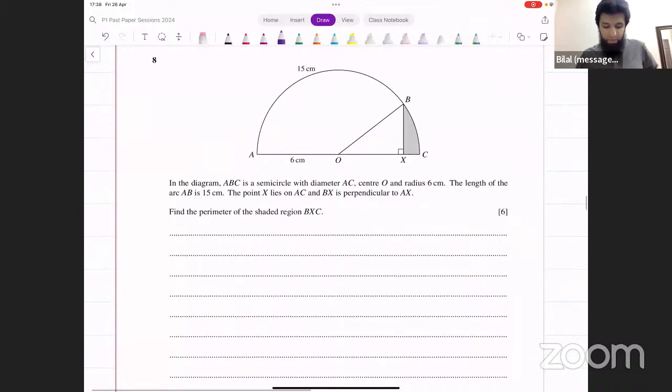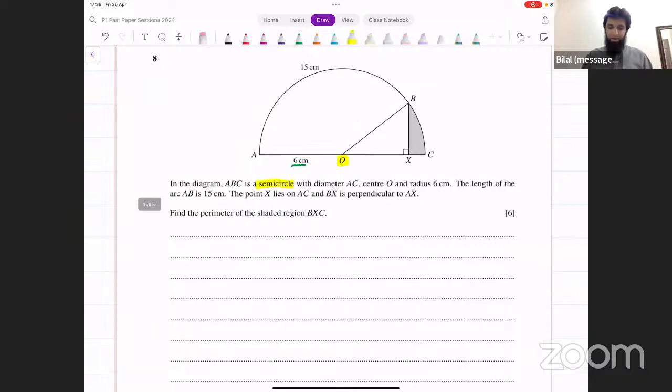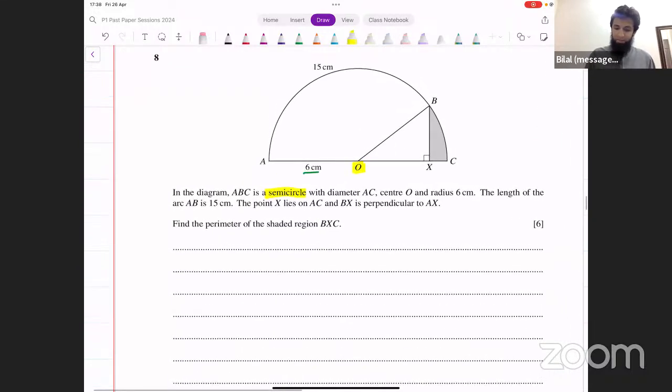In the diagram, ABC is a semicircle with diameter AC, center O, and radius 6 centimeters. The length of arc AB is 15 centimeters.